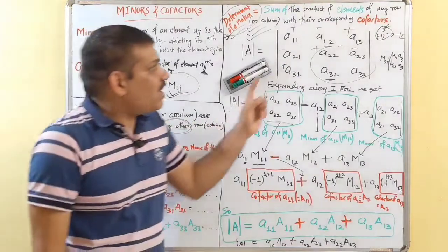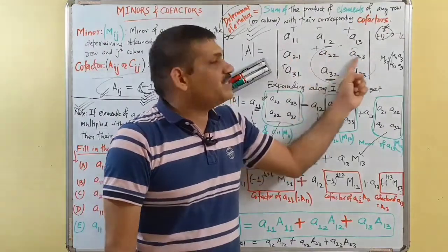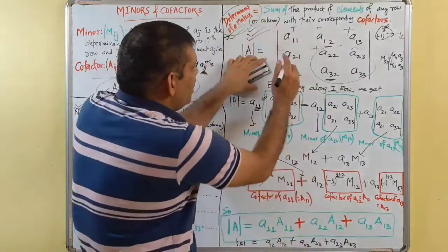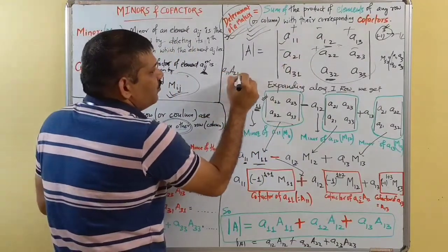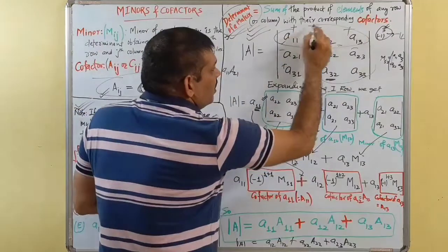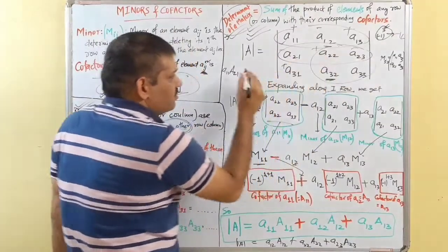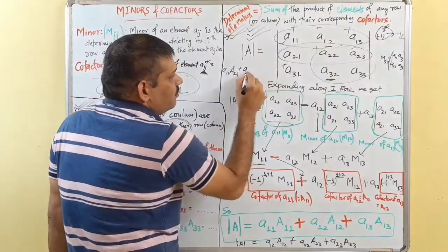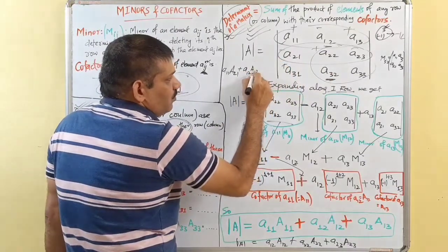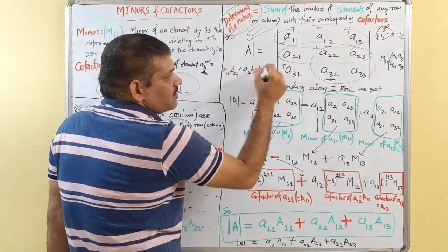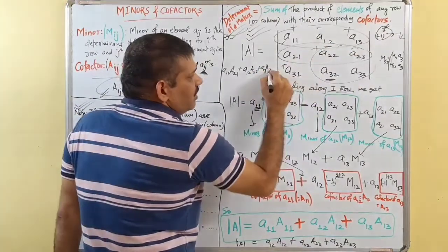If the elements of a row or column are multiplied with the cofactors of any other row, what does it mean? It means I am choosing the elements from the first row and taking the cofactors of the second row. That is, if I multiply A11 with capital A21, A12 with capital A22, plus A13 with the cofactor of this, that is capital A23.